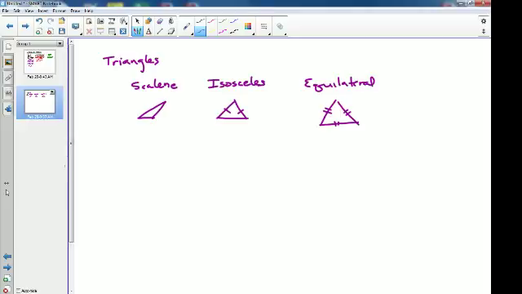Using what we just talked about, the distance formula 3 times. If they're all the same, you have yourself an equilateral triangle. I'm going to show you one here in a minute. Those are all possibilities, right? Now, about quadrilaterals.